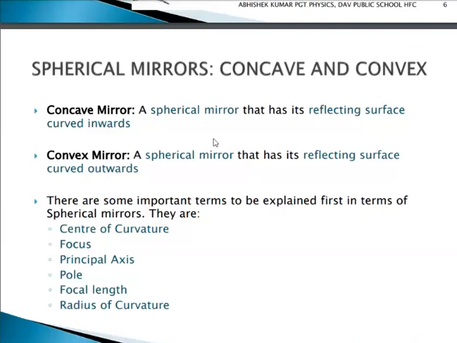And the next one is the convex mirror. It is a spherical mirror that has its reflecting surface curved outwards and away from the center of curvature, and it is silvered from inside. That's why its reflecting surface is outside.